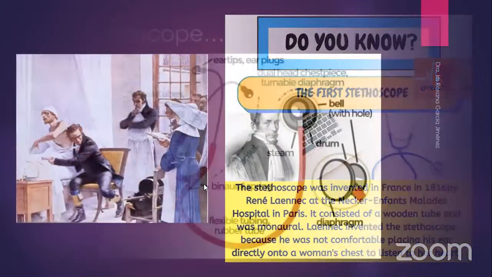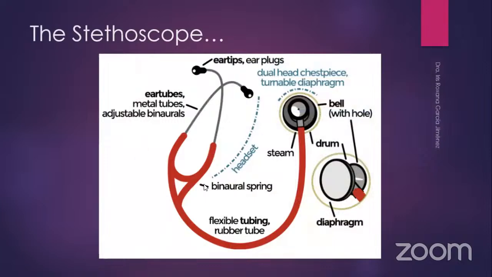We have lots of new models, of course, but in general, the parts or the anatomy, we can say, of the stethoscopes is this. As a general idea, all the stethoscopes have the same structure. The ear tips or ear plugs, the ear tubes, that usually are metal tubes, adjustable binaurals, the binaural ring, this is the headset.